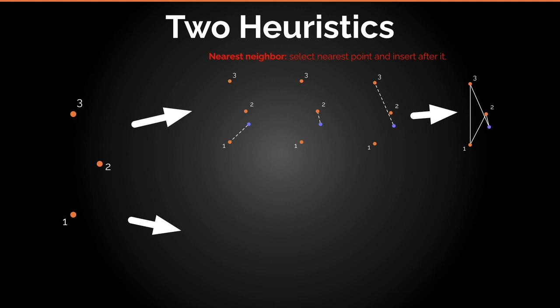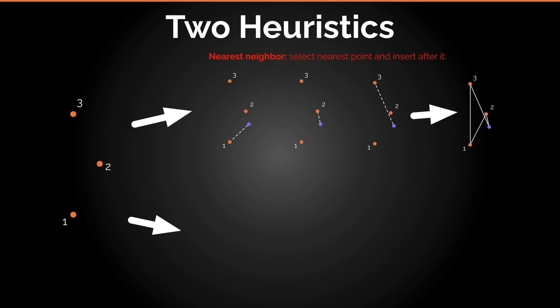The nearest neighbor heuristic is quite natural. You have these 3 points, these existing cities, and now you're going to see, if you add the city in blue, which cities are closest geographically to that new point you're adding.